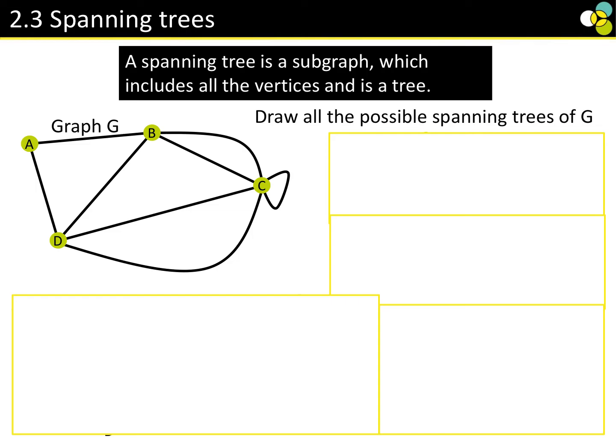So a spanning tree is a subgraph which includes all the vertices and is a tree.